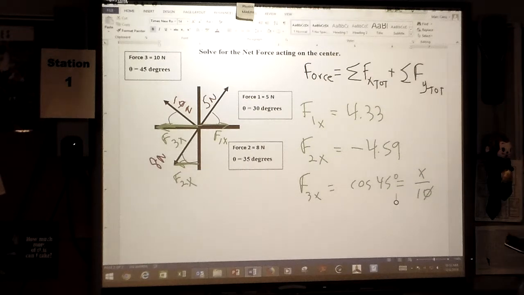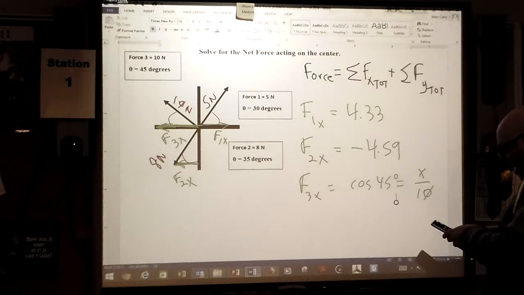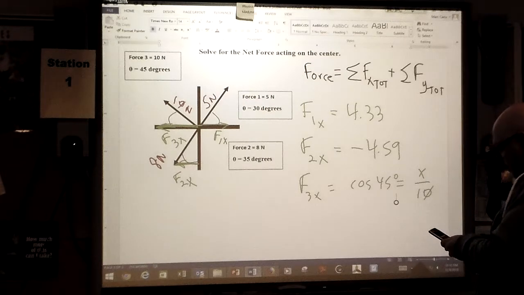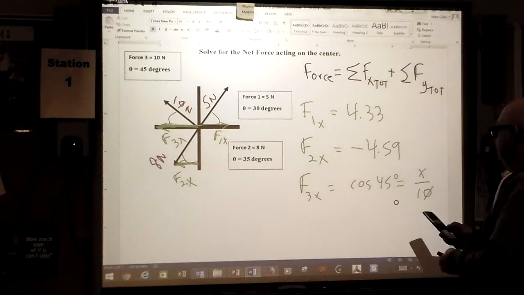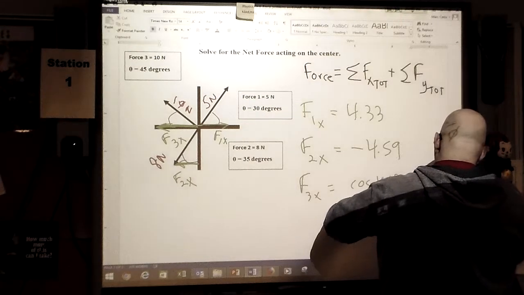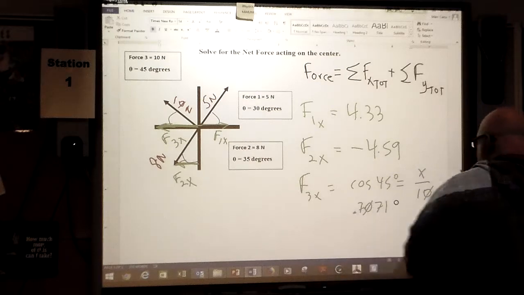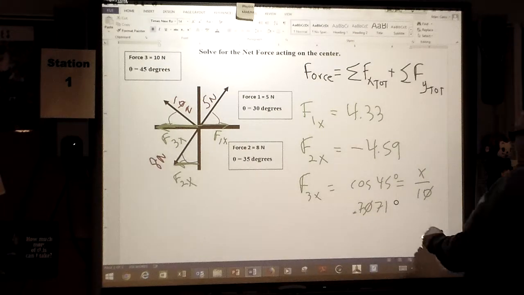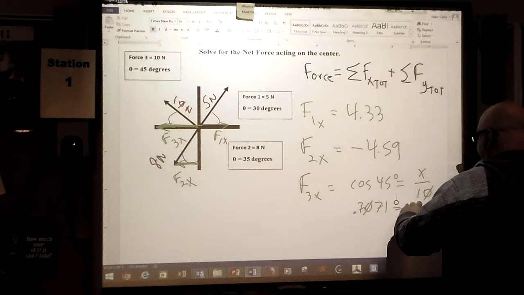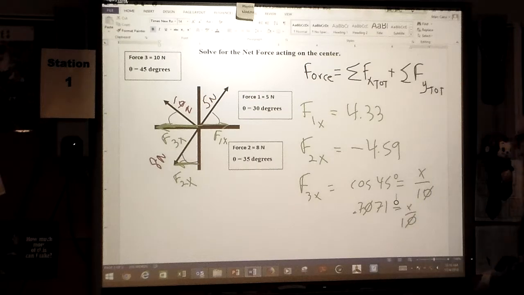The cosine of 45 is 0.7071, which equals x over 10.